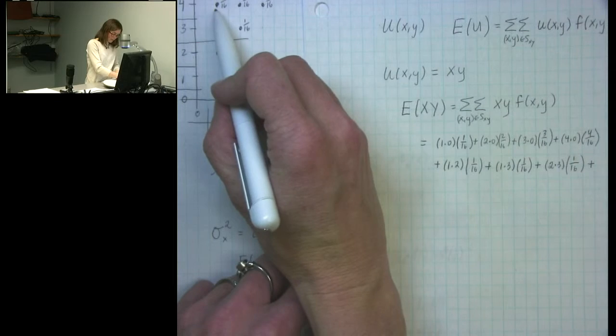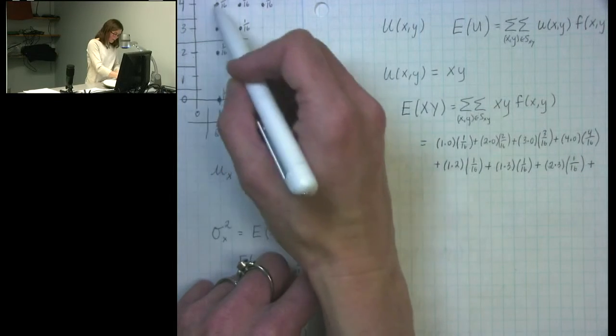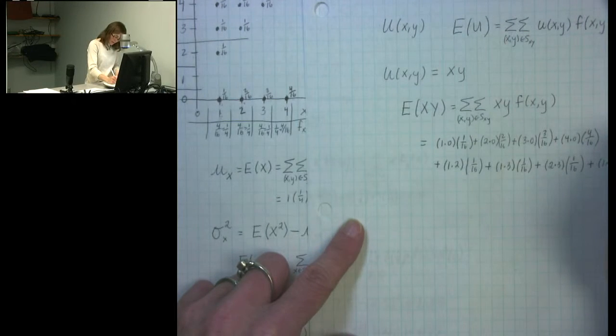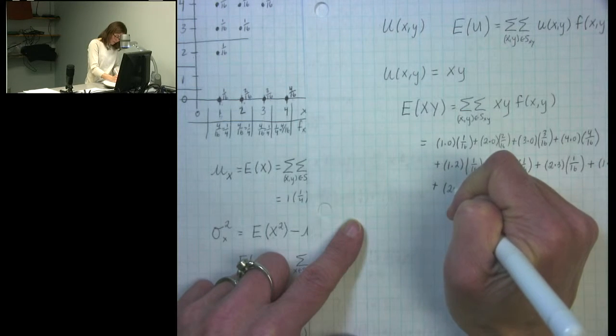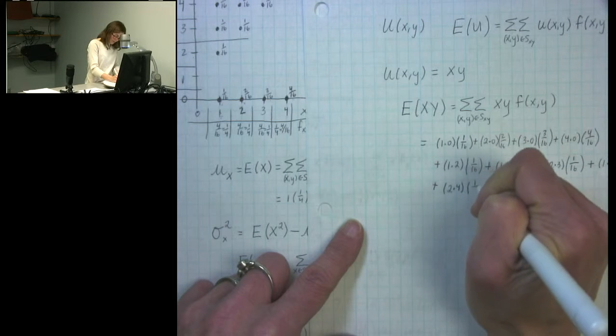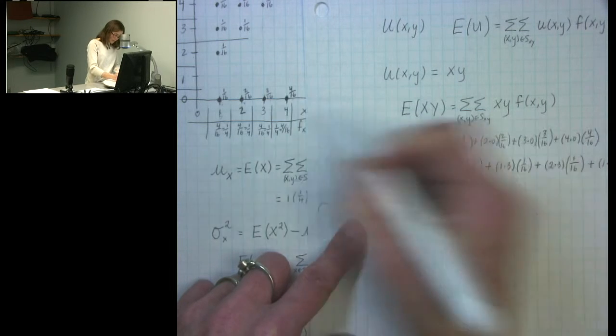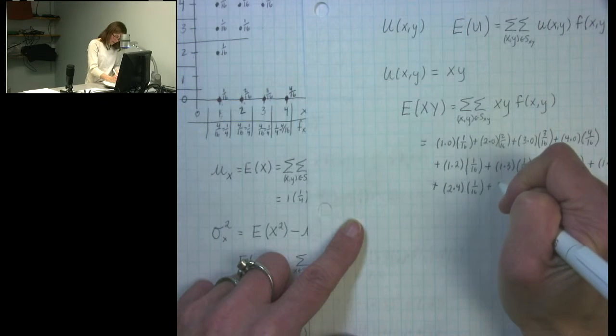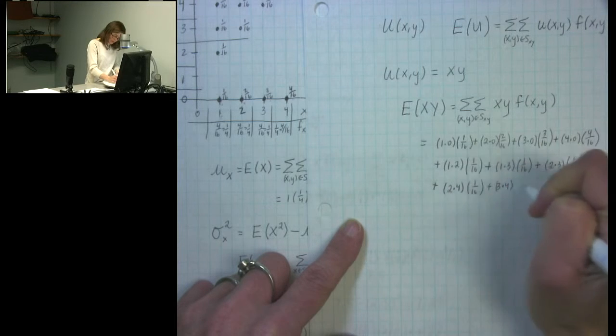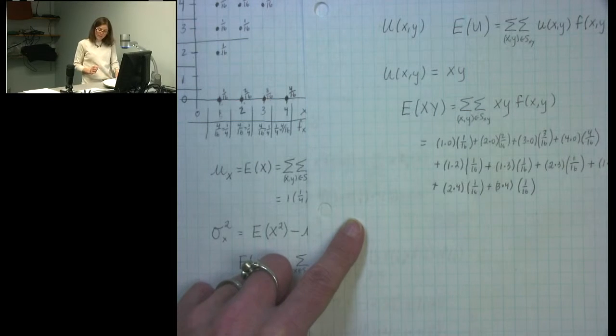Plus, and I come back up here, 1, 4. X times y is 1 times 4 times 1/16 plus 2, 4, so I take 2 times 4 times 1/16 plus 3, 4 times the probability mass, which is 1/16.